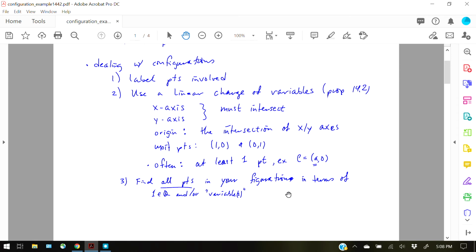You're not going to be able to find all of the points in your configurations in terms of one of your variables or at all unless you start figuring out what some of the equations of your lines are. So we also need to go ahead and find or determine all equations of your lines in the configuration.